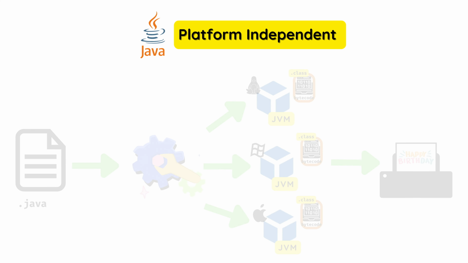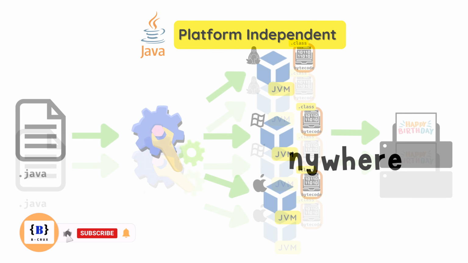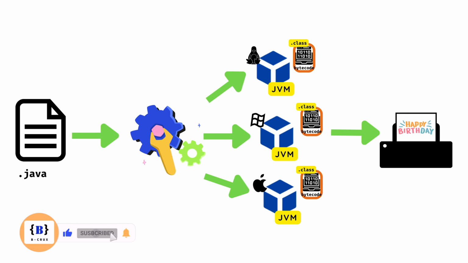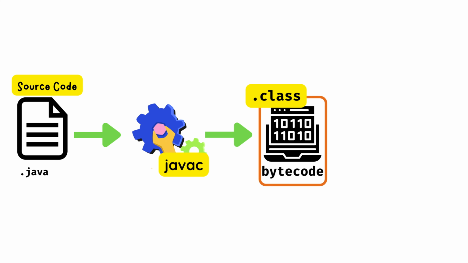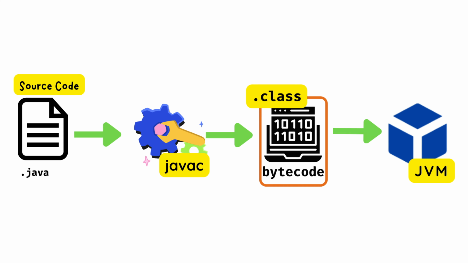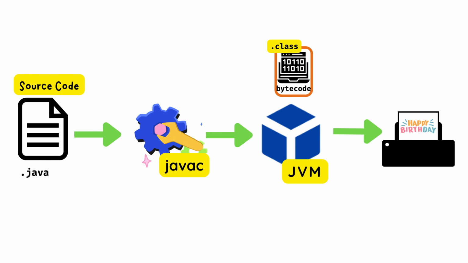And that's why we say, write once, run anywhere. Let's take a look at a quick summary of how it all works. You write the source code in a .java file, the compiler converts it into .class bytecode, and the JVM takes the bytecode and runs it on any system with Java installed.